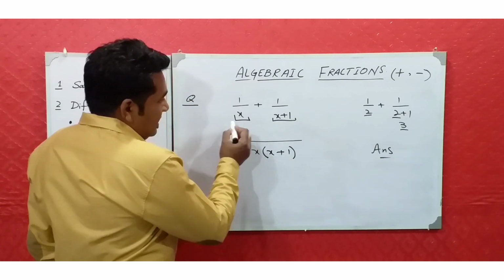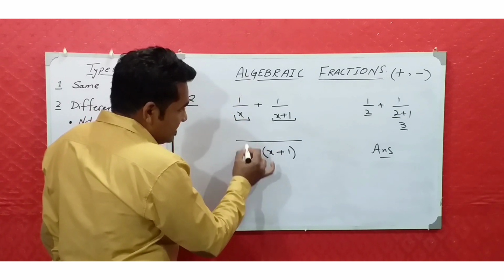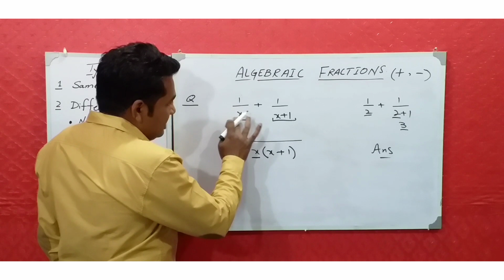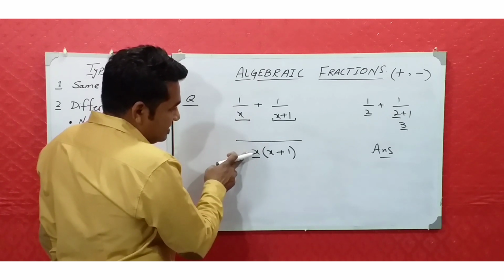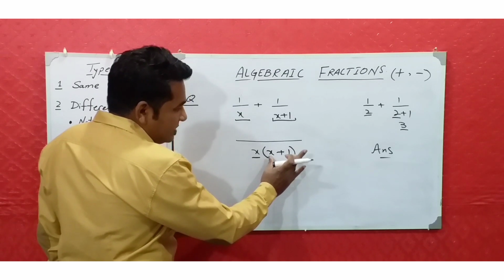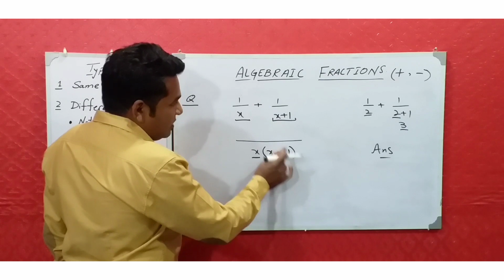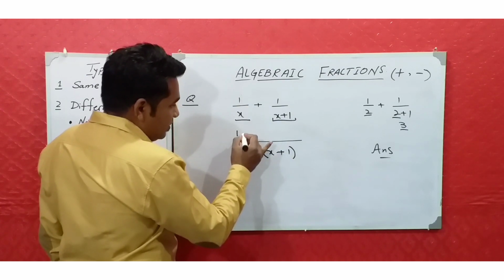Now you can see that in the first fraction x was present, and this underlined x and this underlined x will cancel each other. x plus 1 is left over, this x plus 1 will multiply by 1, and when x plus 1 multiplies by 1, I write it for your ease.